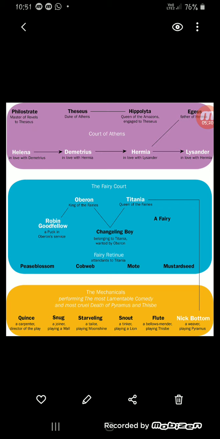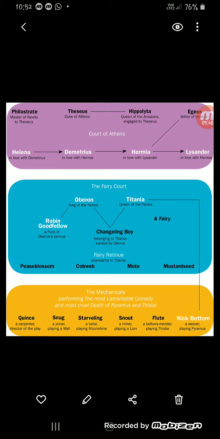And then there is the fourth couple, and their world is totally different. They are from the fairy world. Oberon and Titania are king and queen of that world. So there is a normal world of human beings, and there is another world, the fairy world.